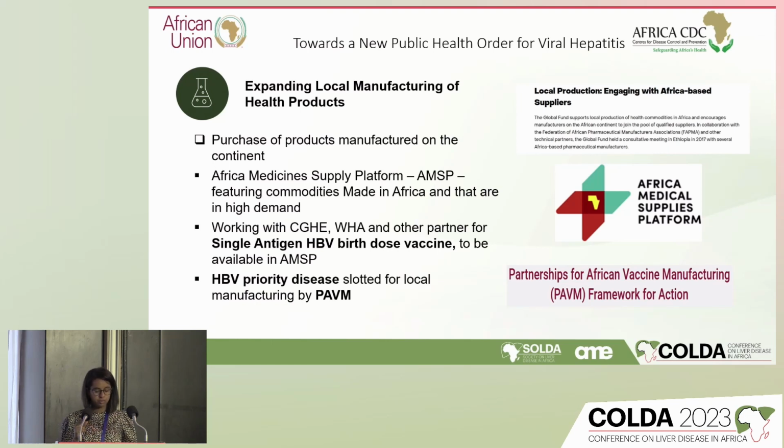There is the Partnership for African Vaccine Manufacturing, established by the African Union under Africa CDC in 2021, to deliver on a bold goal: to enable African vaccine manufacturing industries to develop, produce, and supply over 60% of the total vaccine doses required on the continent by 2040, up from less than 1% produced today.